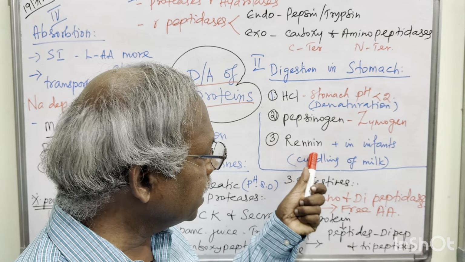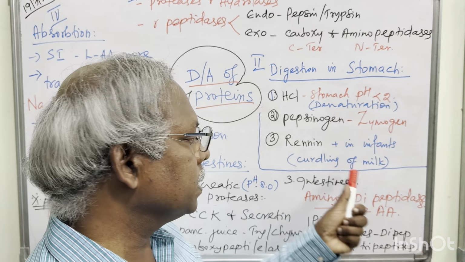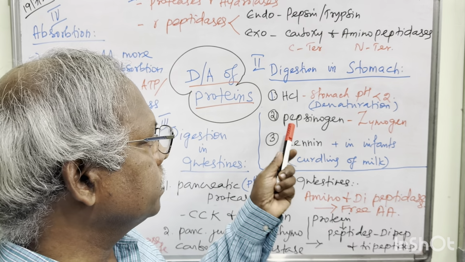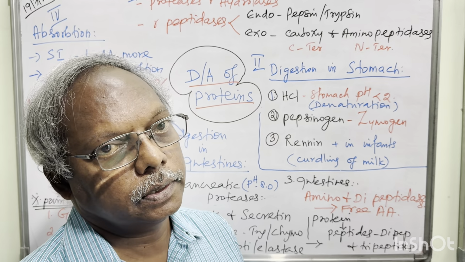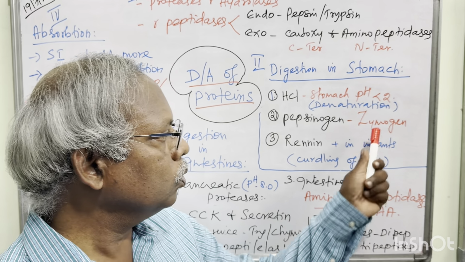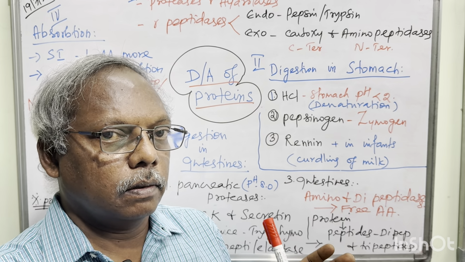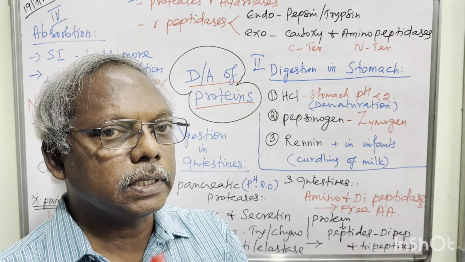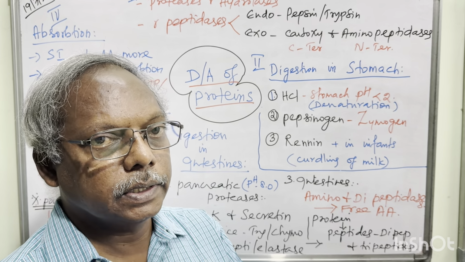Second one is renin, which is present in infants for the purpose of curdling of milk, for easy digestion and absorption. Third one is pepsinogen. You know the meaning of zymogen. Zymogen means inactive substances that will be converted into active substances depending upon the situation, wherever necessary, right?